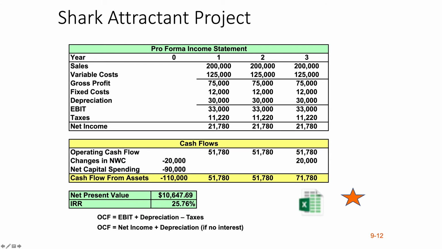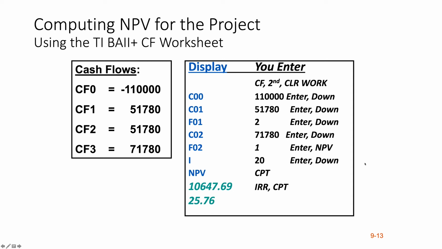Now, you can use your financial calculator to do the net present value and internal rate of return. Here are the key inputs. Using the CF key, first you clear all the work, clear the register, right? Then you key that in. The first is negative 110,000.